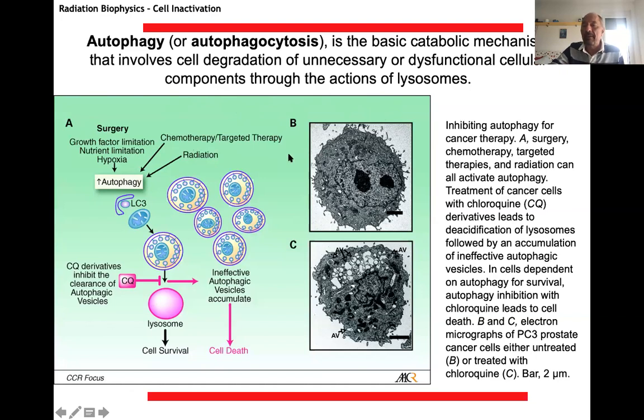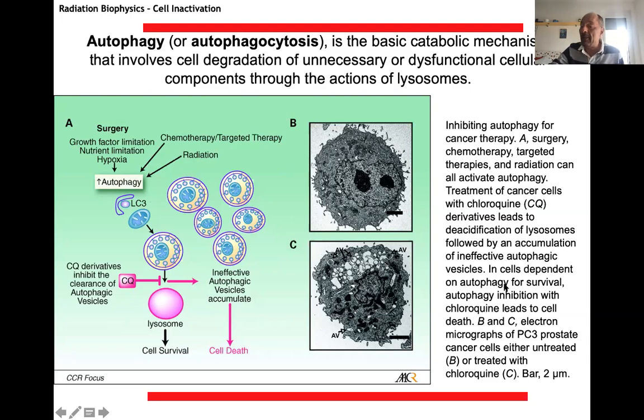You see, chemotherapy and targeted therapy can induce autophagy. Typically, if you treat cancer cells with chloroquine, that is now becoming a very famous molecule also for COVID-19 as a possible treatment, this leads to deacidification of lysosomes followed by an accumulation of ineffective autophagic vesicles, you see it here.